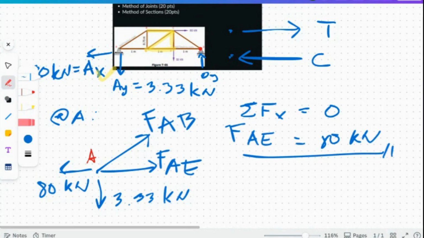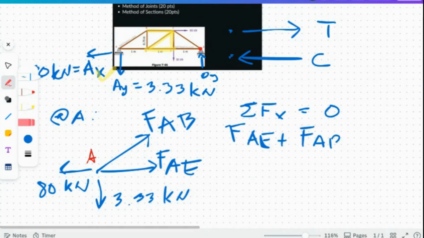Now summation of forces for the vertical axis. Oh wait, actually not yet. If you notice, AE has another force going to the right. Almost forgot about that. That's FAB on the X direction, right?